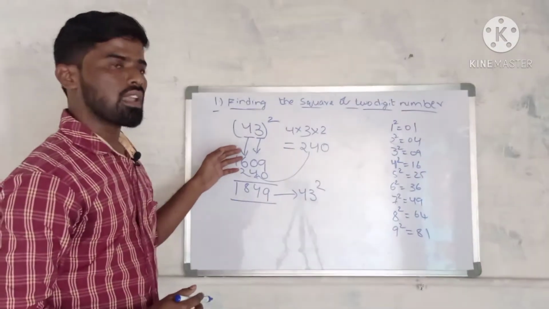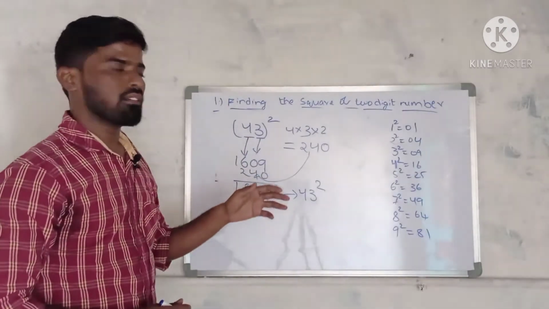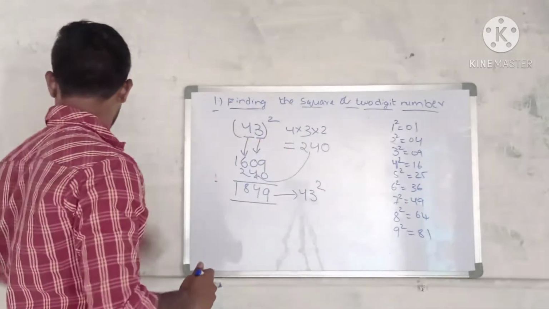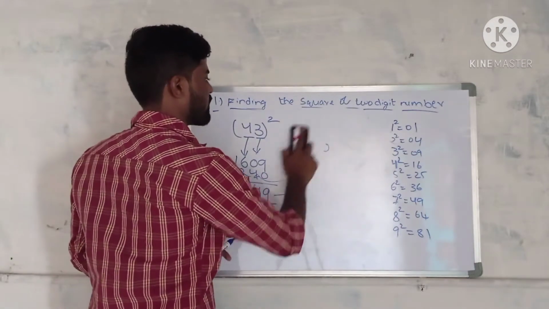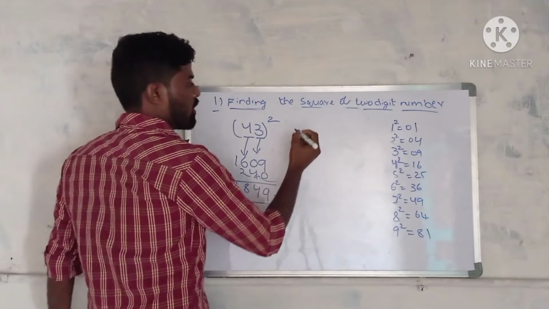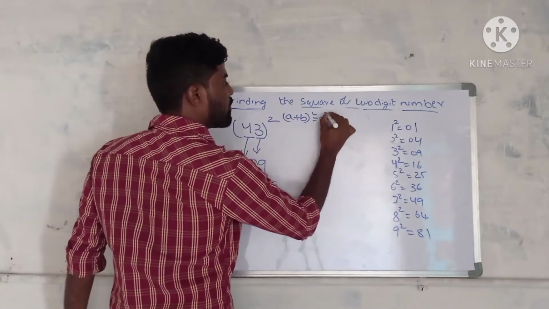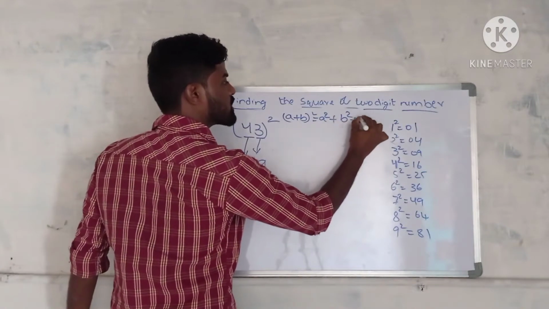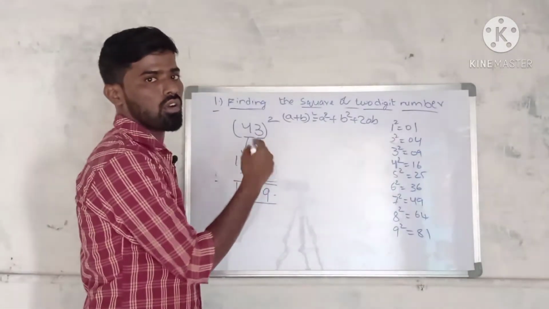This is the trick for calculating the square of any 2-digit number. Next I will explain where this trick is derived from. We know that a plus b whole square is equal to a square plus b square plus 2ab. 43 can be written as 40 plus 3 whole square.